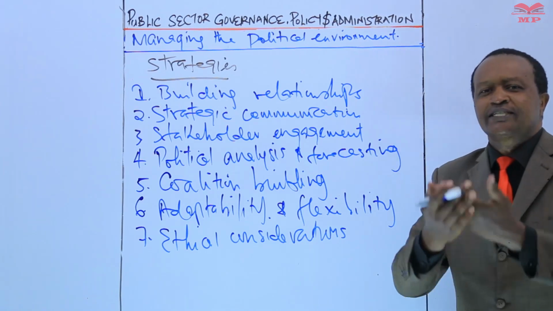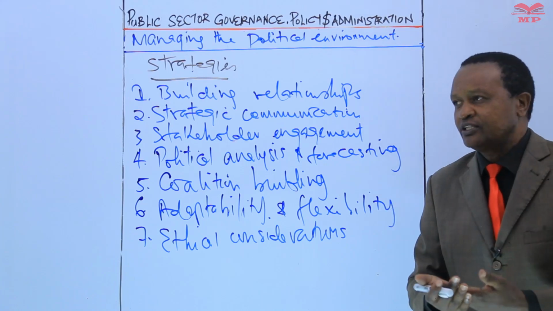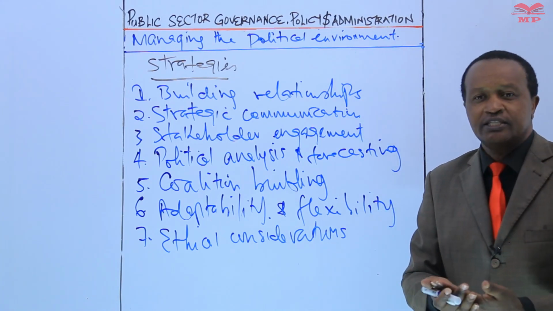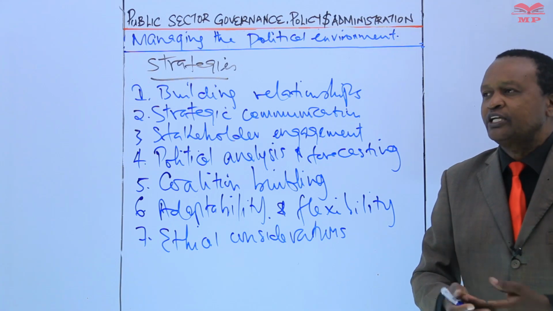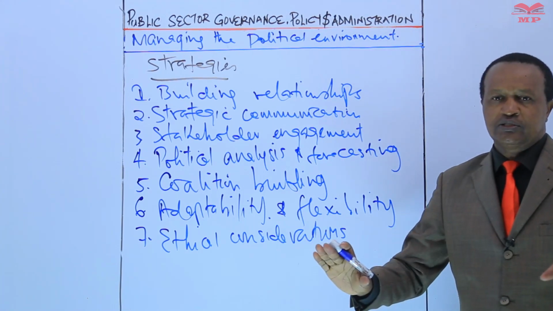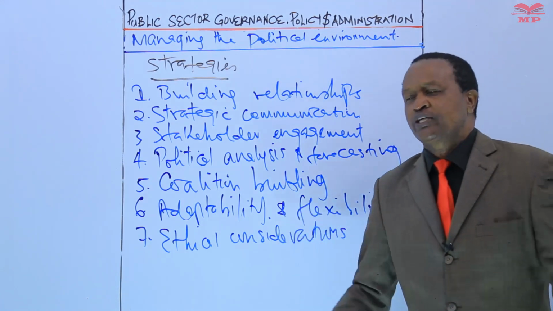Public administrators must adhere to ethical principles such as transparency, accountability, and impartiality. And that has to happen in all the interactions with political actors and stakeholders.